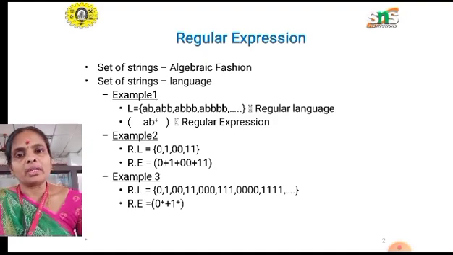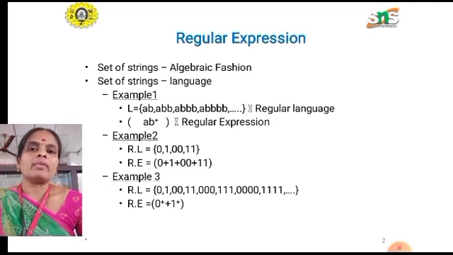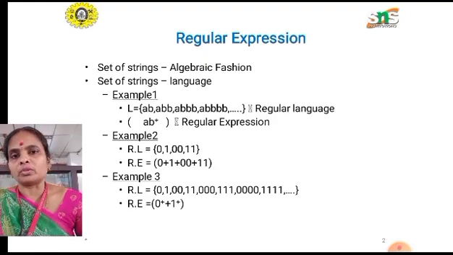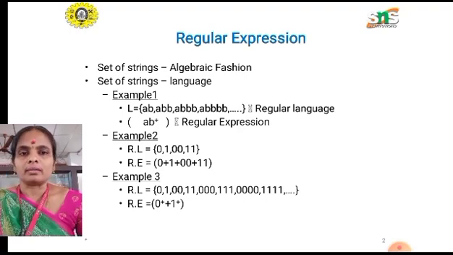So that should be defined as B plus, which means one or more occurrences. So now the pattern for the input strings in example 1 is AB+. That will find a match for all the types of input strings given in our example 1 for the language L.